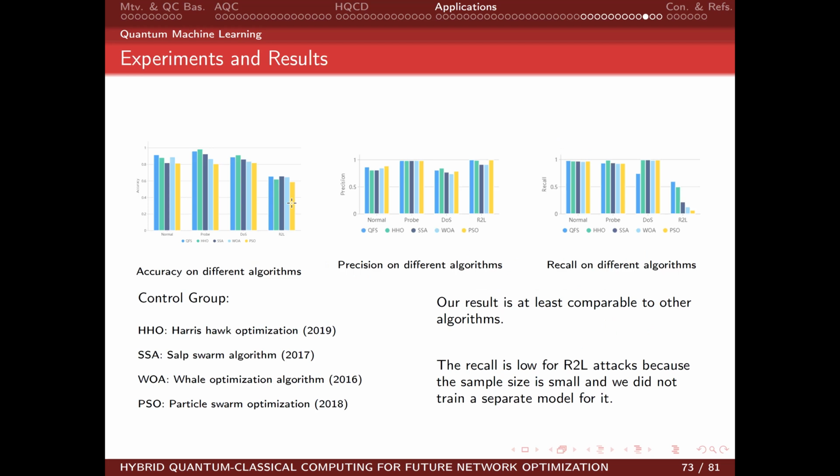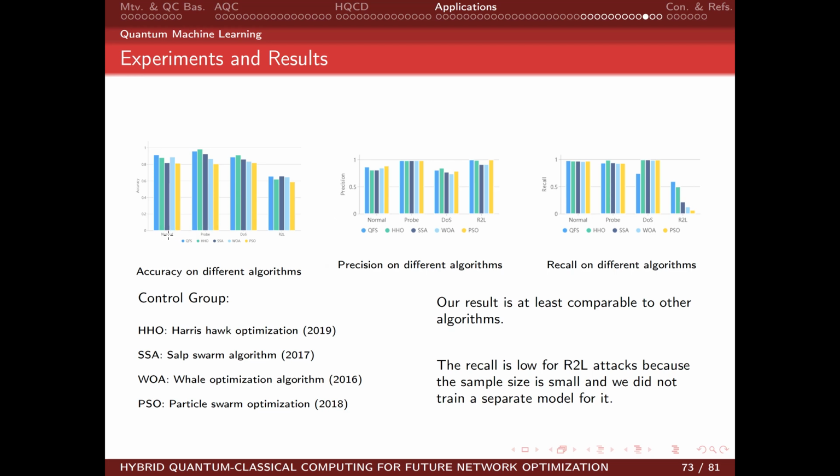Here, we compare our proposed algorithm with four different algorithms, which have been applied to these feature selection problems. On the top of these slides, we can see there are three figures, and each figure measures the performance of our algorithm from one perspective. The first one is accuracy, the second is precision, and the third one is recall.